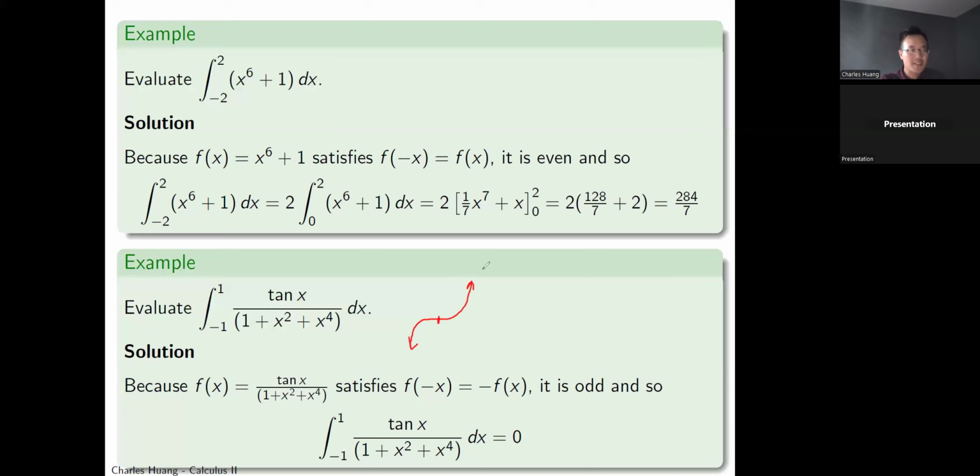Because it's an odd function, the whole thing is an odd function. And if I'm integrating an odd function here, I'm going to get 0. This is going to be an odd function because I'm taking one odd, multiply or divide by one even. One odd and one even, if I multiply or divide, stays odd. So these are some of the properties that we have learned in algebra before.